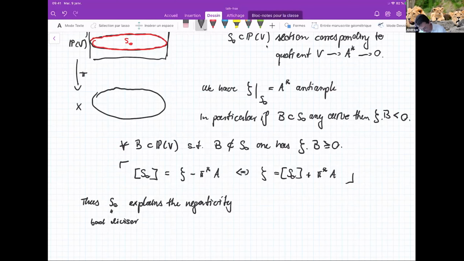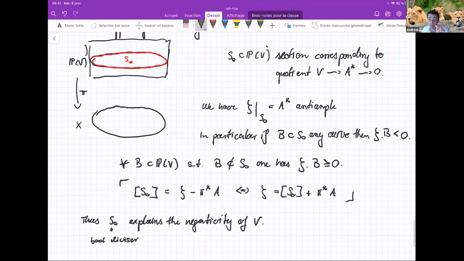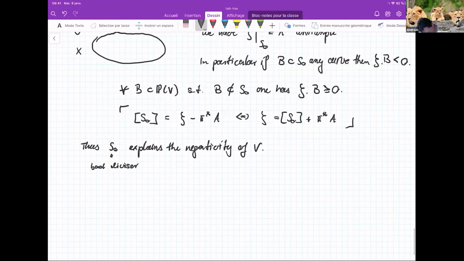And let me point out, it's not an accident that this surface S0 is a section. Somehow all these strange situations happen if you get bad loci which surject onto the base X. So the main issue is that this map from S0 to X is surjective.